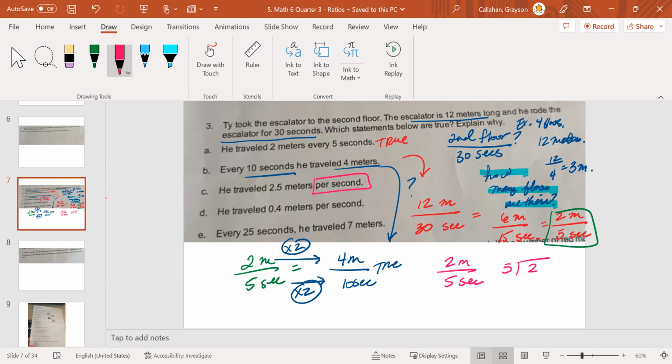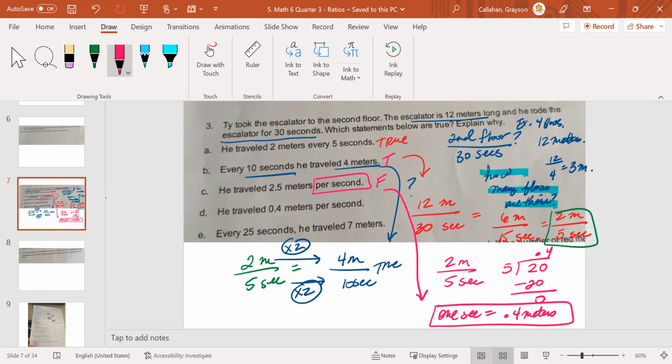So then, that wouldn't be correct because you have to divide 5 into 2 meters for 1 second, right? So then if I put a decimal here and a 0, that'll give me 4. So that'll be 20. So really 1 second equals 0.4 meters. Do you see that? So this is true, that is false, and your reason is right there, okay?